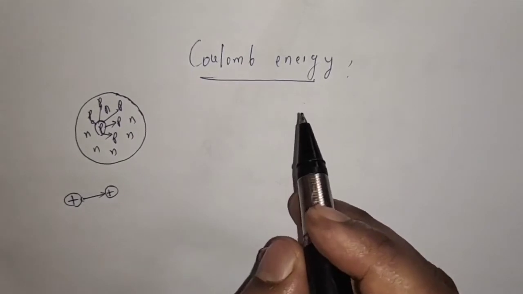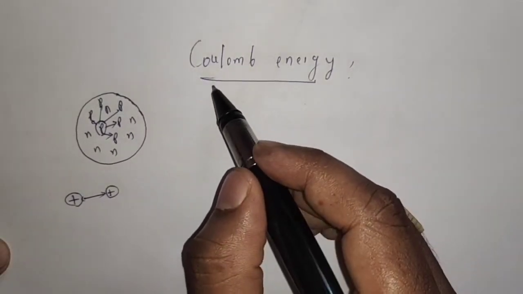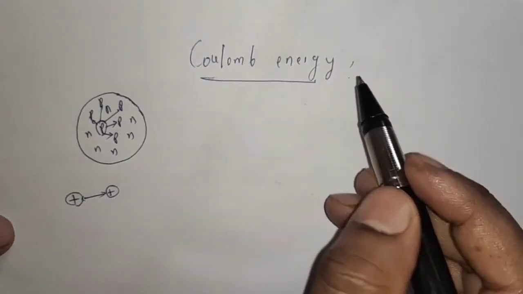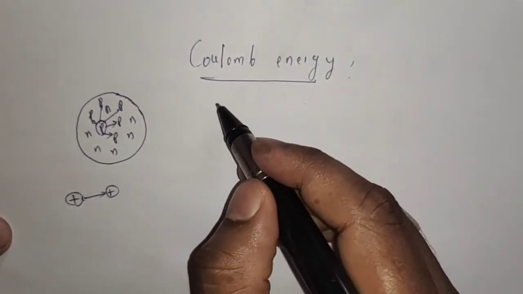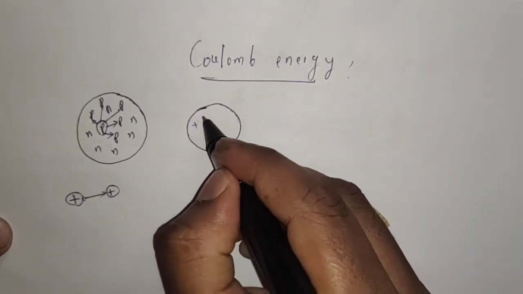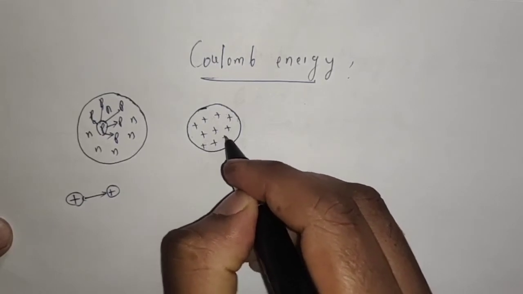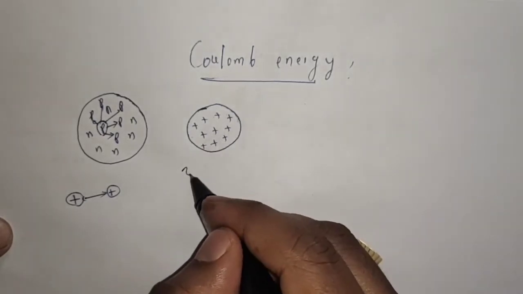Let us calculate this Coulomb energy. To write the Coulomb energy correction, first we consider a sphere which is uniformly charged.